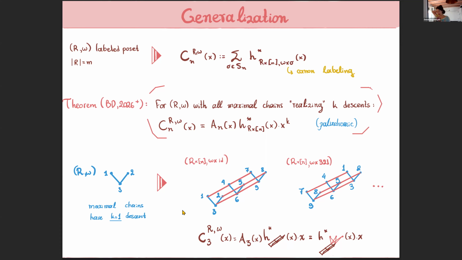And I can still get a factorization theorem in the case when all maximal chains have exactly the same number of descents. For example, below, I have this V poset, and the maximal chains each have 1 descent, because the labelings are 3, 1 and 3, 2, and each of those has exactly 1 descent.